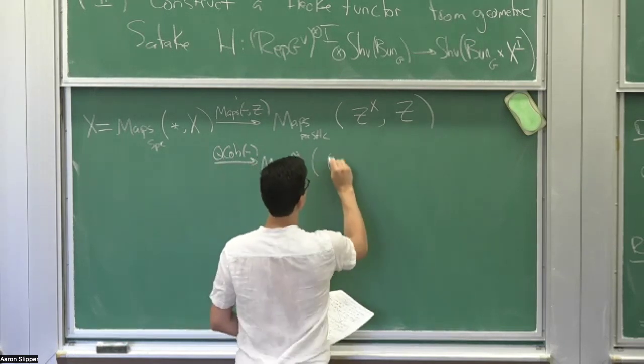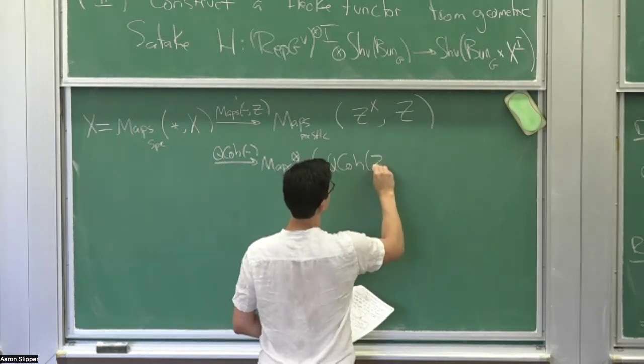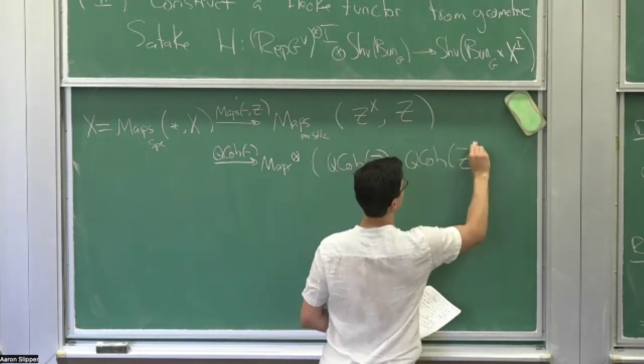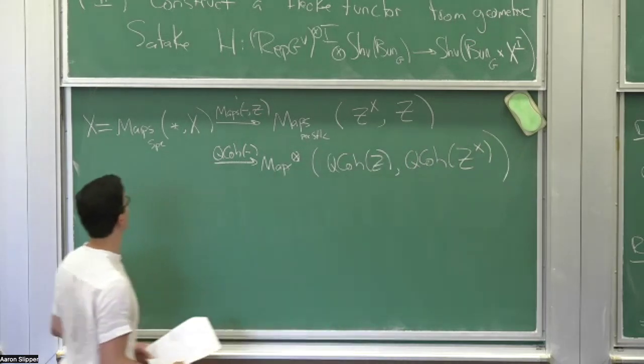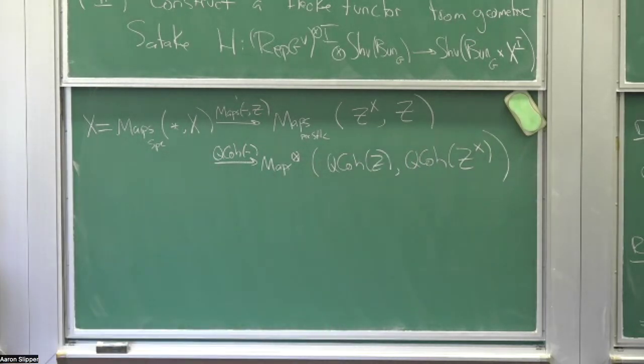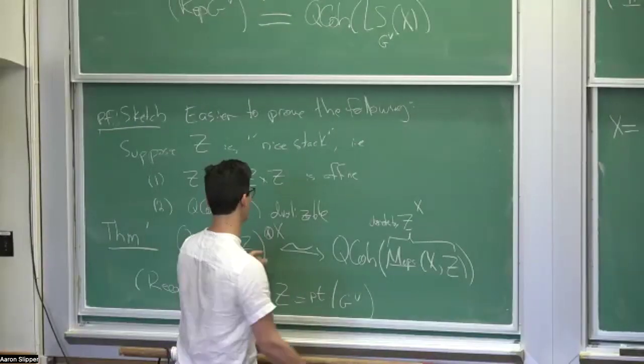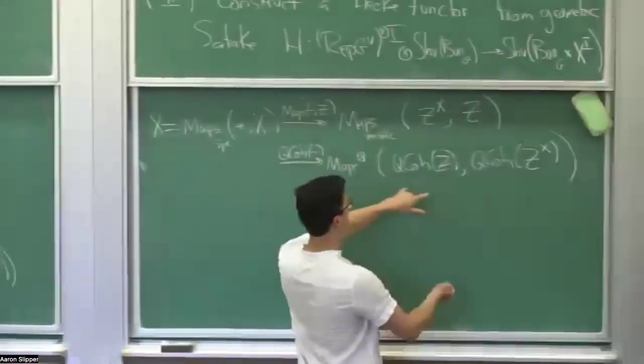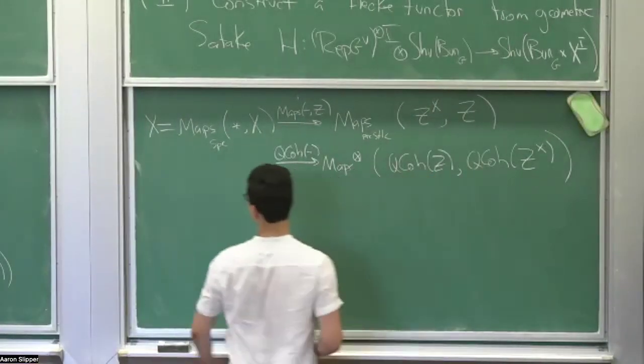And this will be again a versus arrows. And this is precisely what we wanted. So again, this is characterized by universal property. To define a map in this direction, it suffices to define a map from X into the mapping space of these. That's exactly what we did. We went from X to the mapping space of QCO of Z to X. So we have a map.